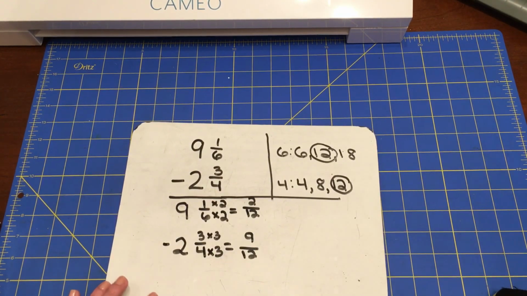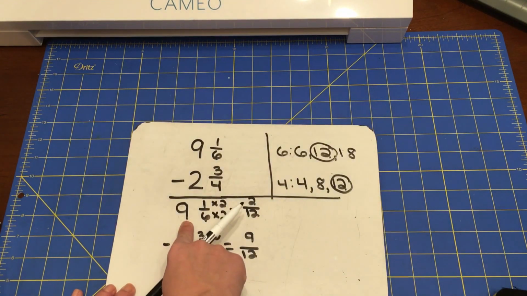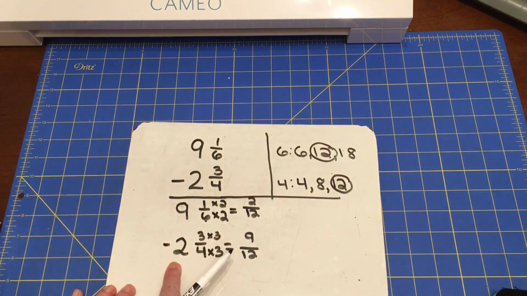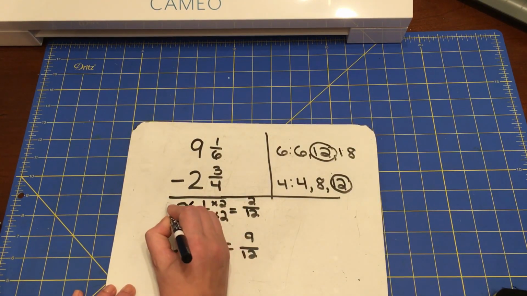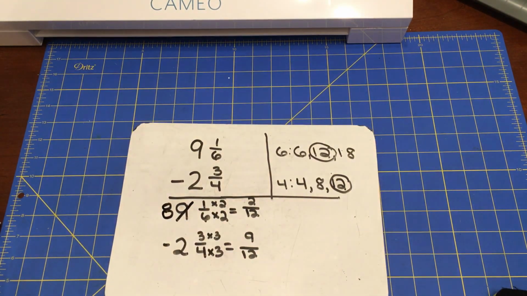So in this case we have to regroup, we have to borrow. You'll see that this whole number here is bigger than the whole number on the bottom. When I regroup in a fraction, I'm going to borrow one whole. So instead of having one whole pie or one whole candy bar, I'm going to take that candy bar or those brownies and cut them up into a whole bunch of pieces.